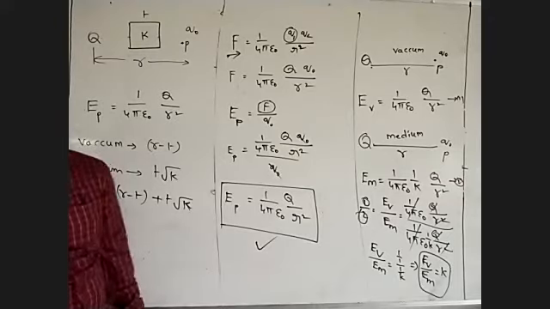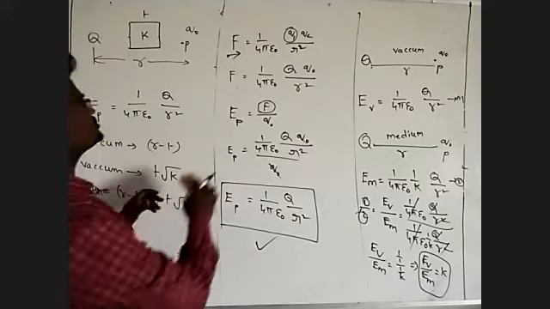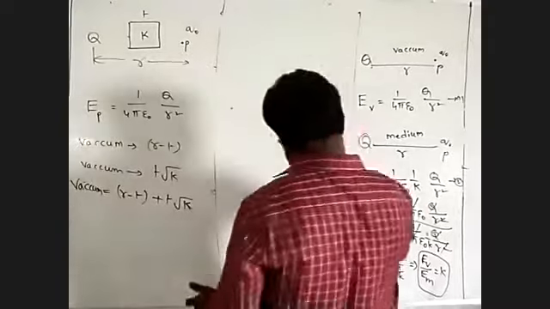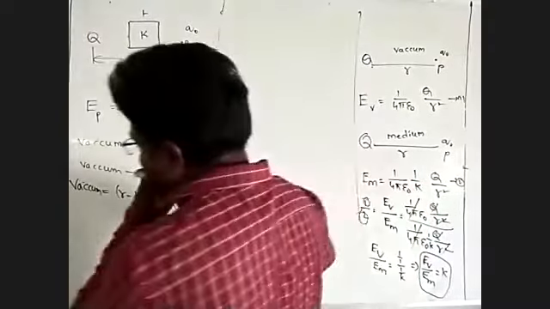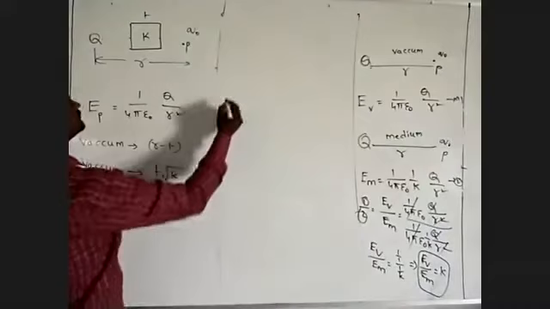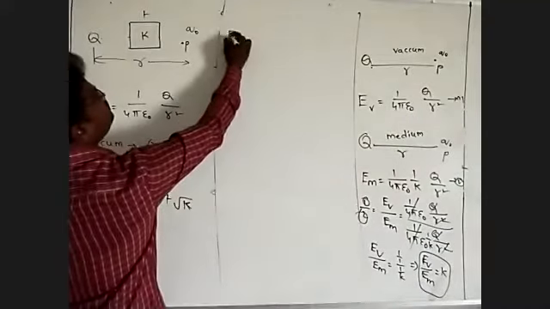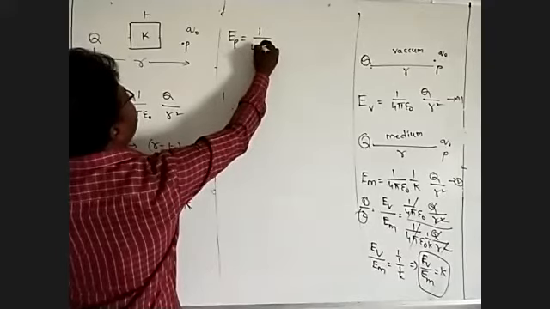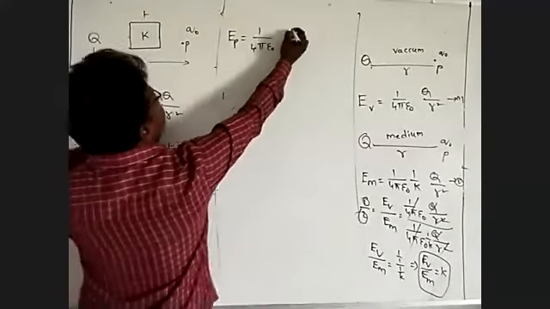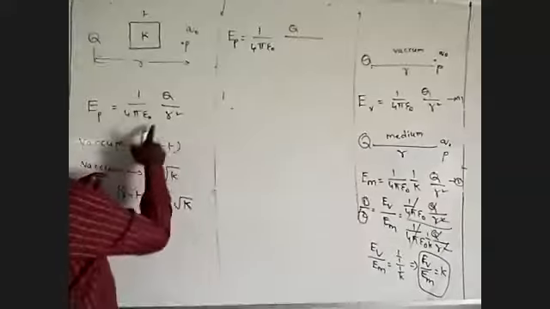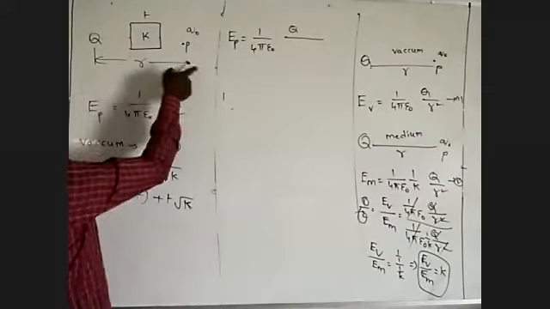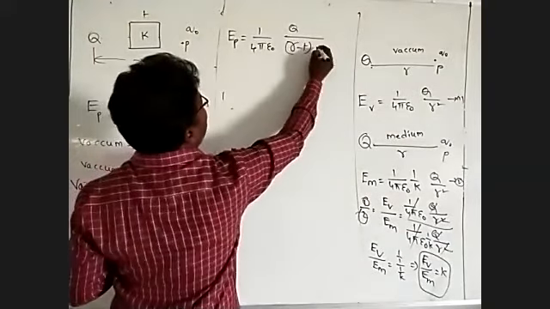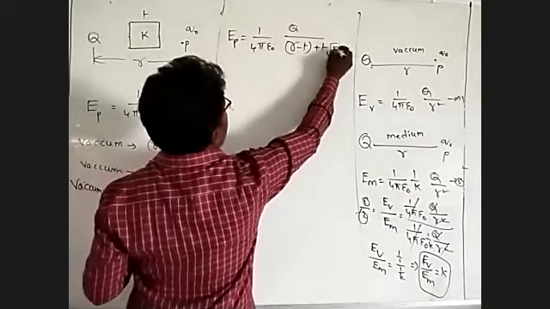Now, what will happen in this situation? EP is equal to 1 by 4 pi epsilon naught capital Q by, the distance between the two charges, R minus T plus T root K, whole square.